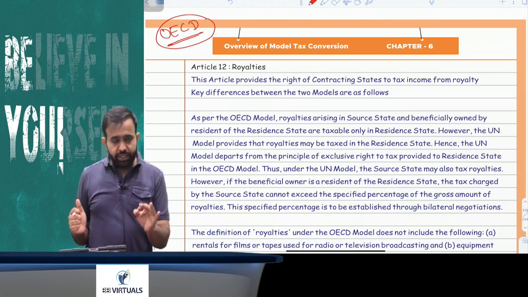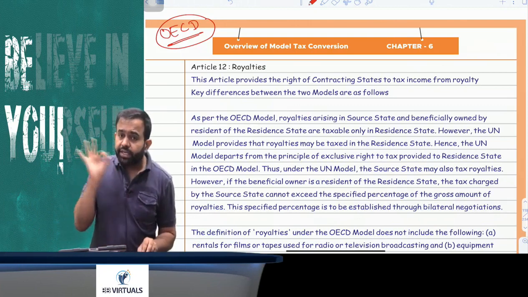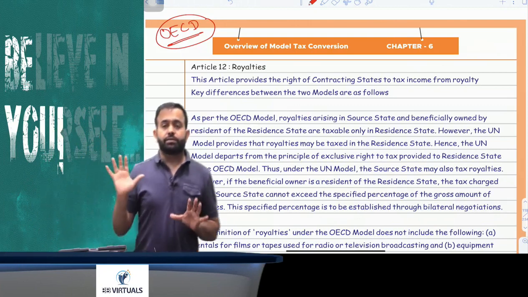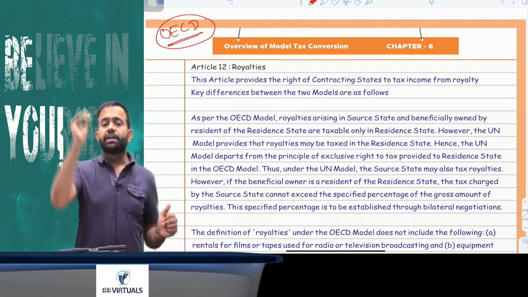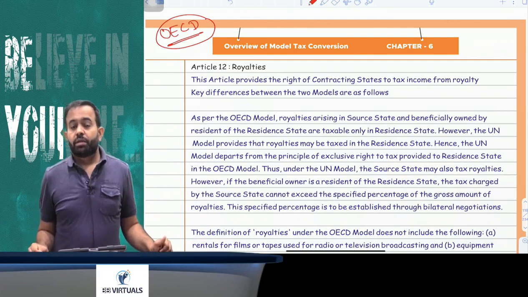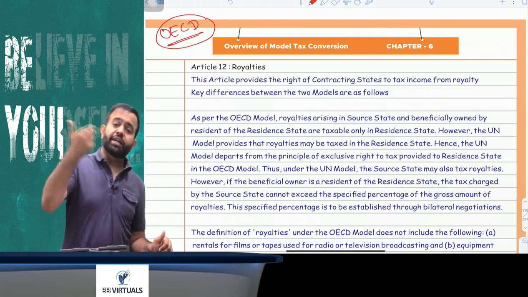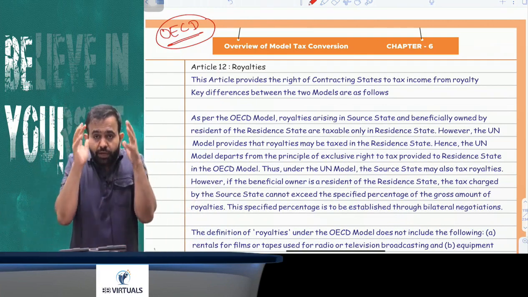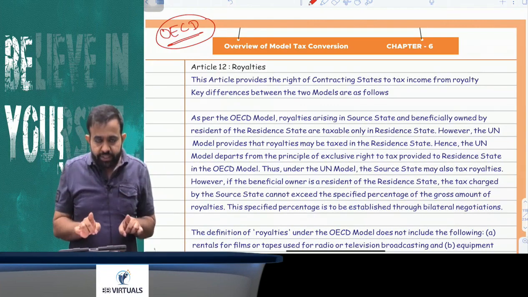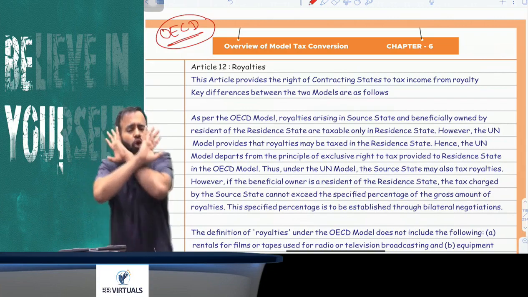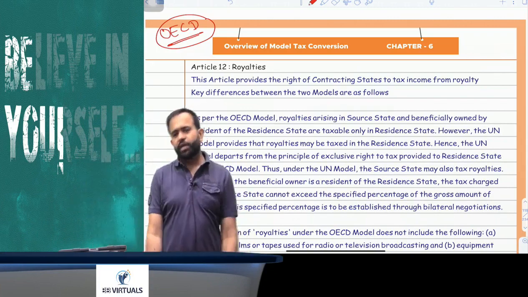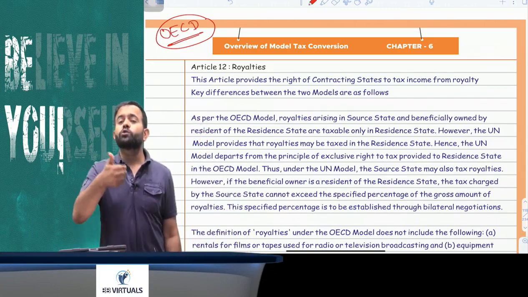So the OECD model gives the power to tax royalty income only to the residence state, but the UN model also gives the right to the source state. So remember, on royalty, as per the OECD model, the source state cannot charge the tax, but as per the UN model, the source state can also charge the tax.